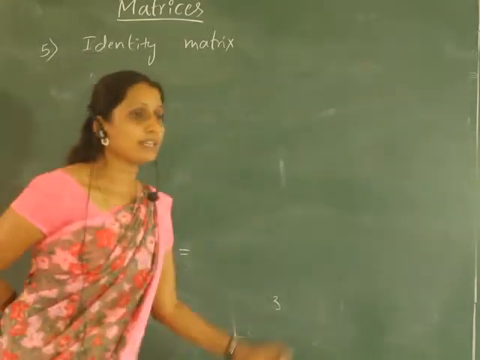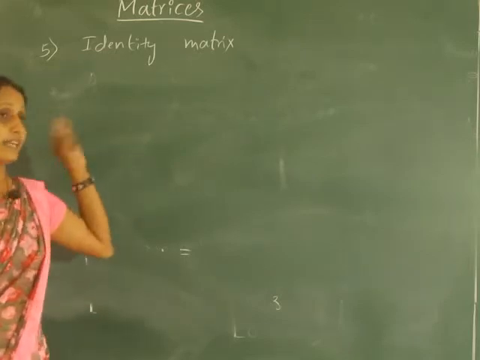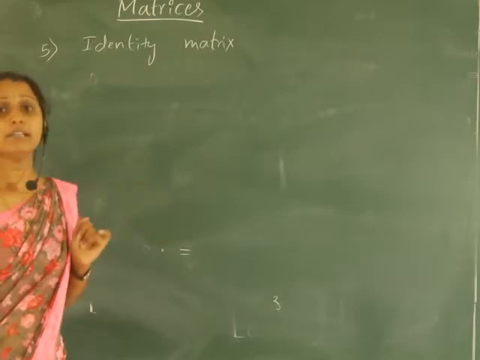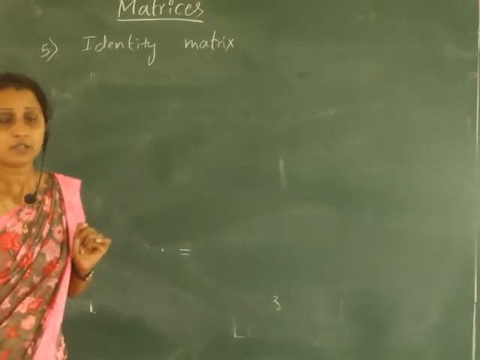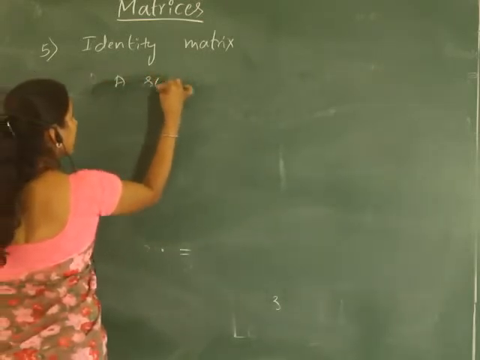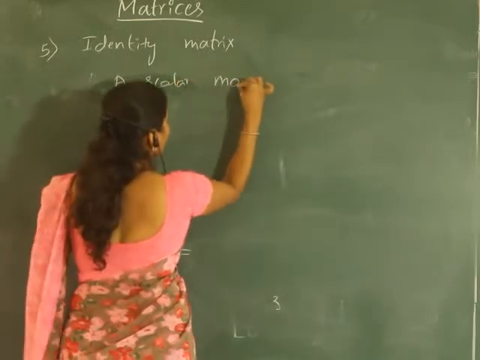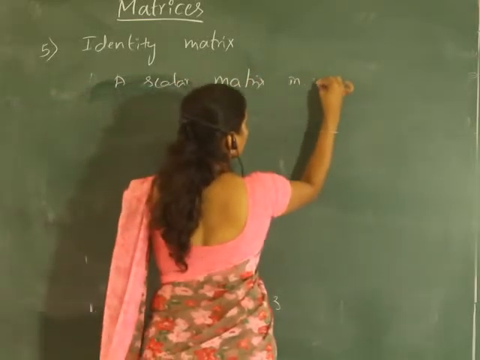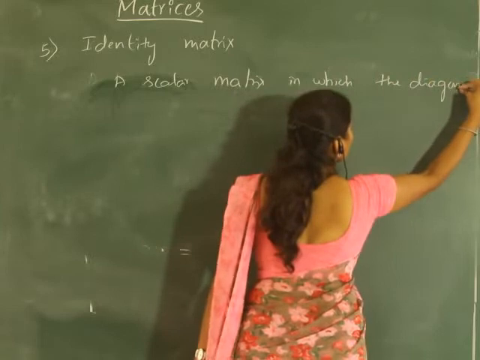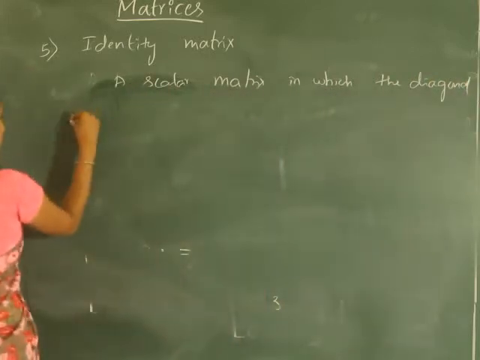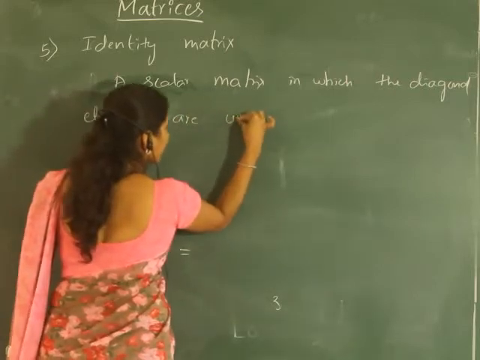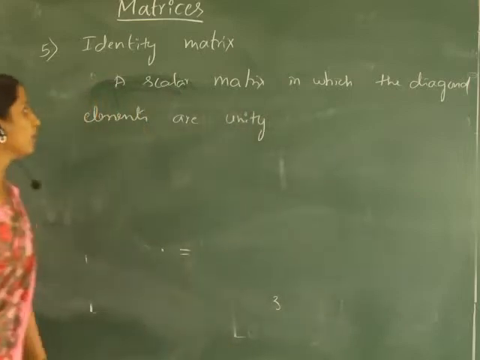In the scalar matrix, the diagonal elements are equal, so it is called a scalar matrix. So an identity matrix means a scalar matrix in which the diagonal elements are 1, that is unity. That matrix is called an identity matrix.